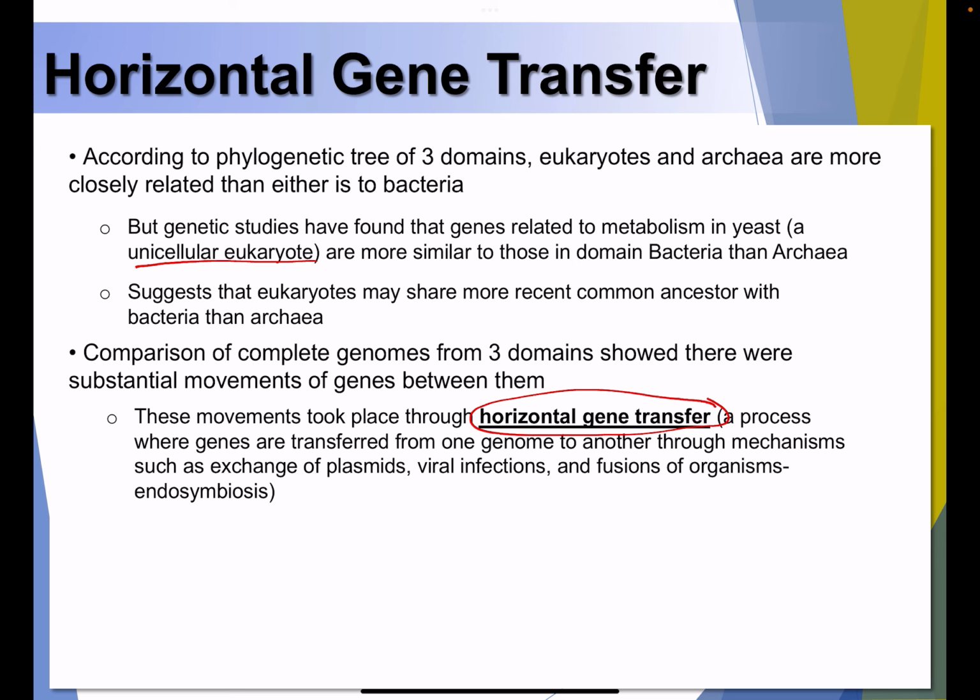Okay. And then, just in plain terms, exchange of DNA sequences, viral infections, and fusions of organisms through endosymbiosis. You may have heard this theory from Bio 1406 that 2 cells somehow end up living with each other, eventually fusing to become one cell, okay?